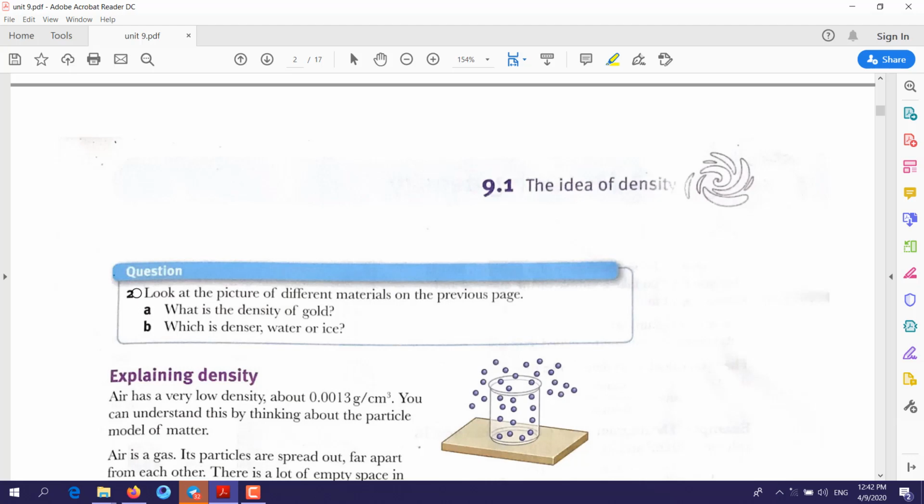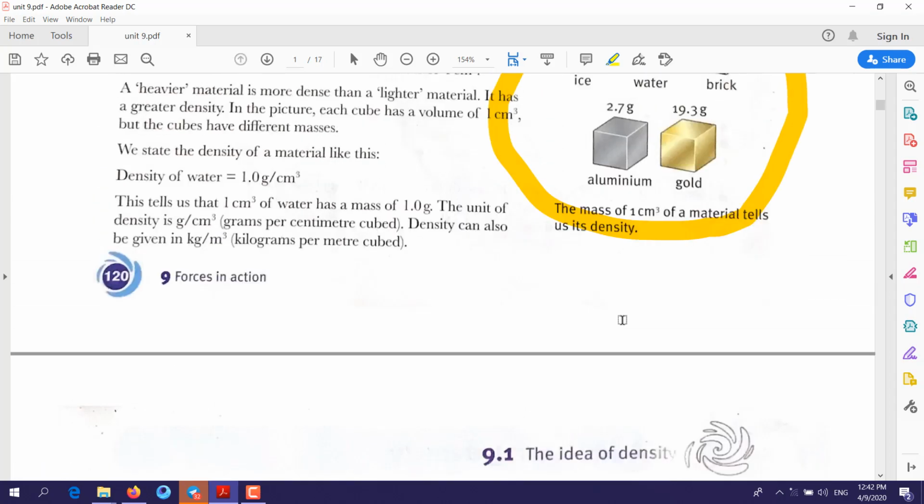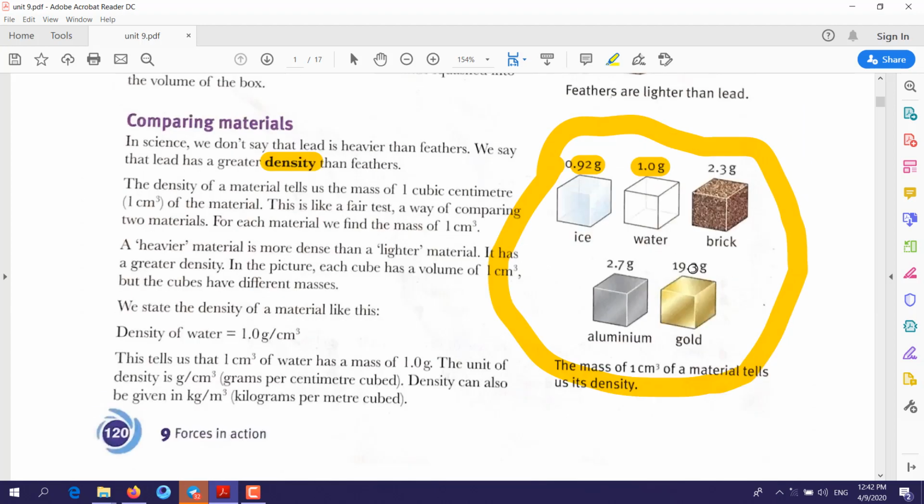Now questions. Look at the picture of different materials on the previous page. What is the density of gold? As you can see, they show the mass of gold. How to find density? Density equals mass over volume.